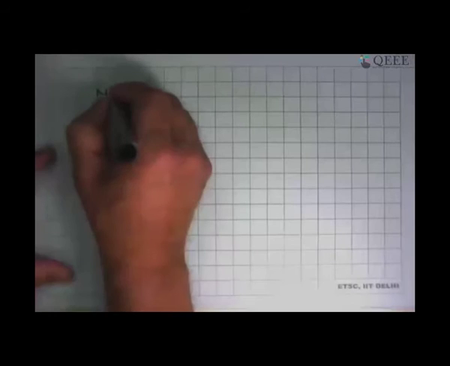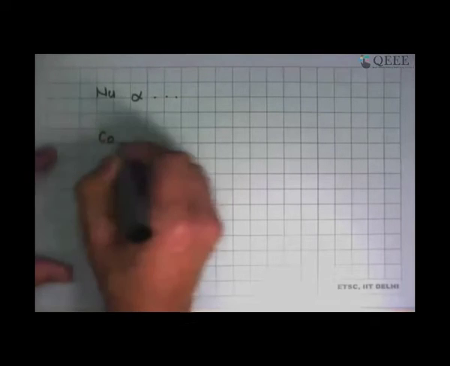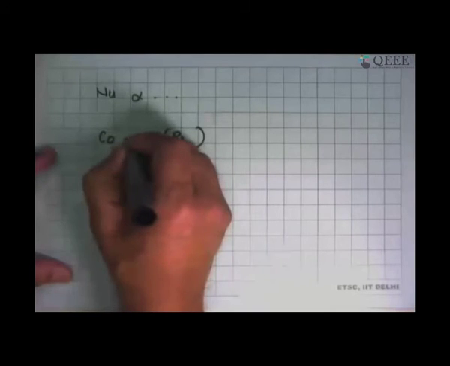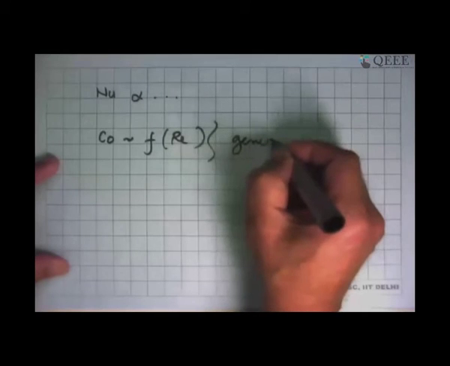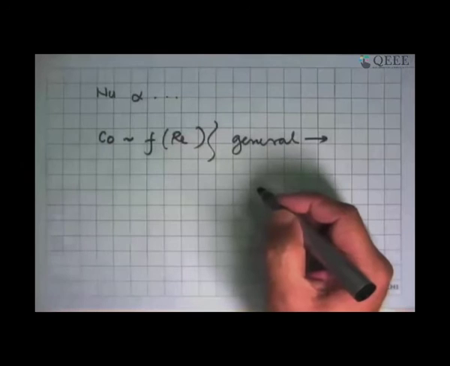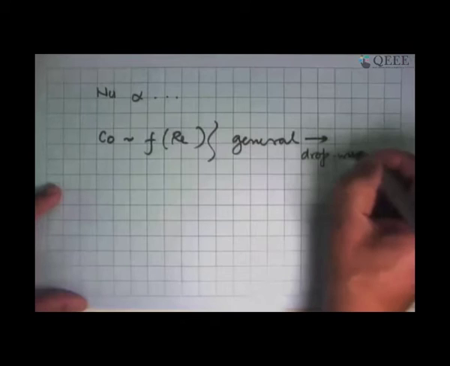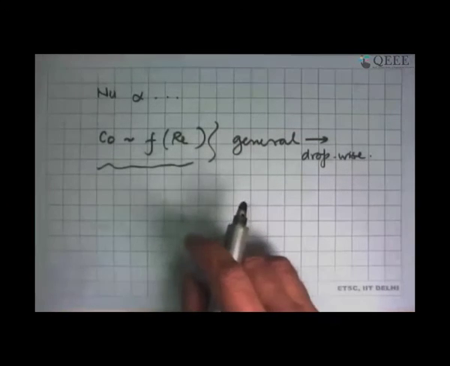But the interesting thing that has come out is that we are able to get a Nusselt number definition in terms of various things, and we got a non-dimensional number which is a function of some sort of a Reynolds number in the problem, which is a general form and can be extended to many other devices, or we can make corrections to this formula to come down to the values for drop-wise condensation. So that is the type of thing that has really come out of this.